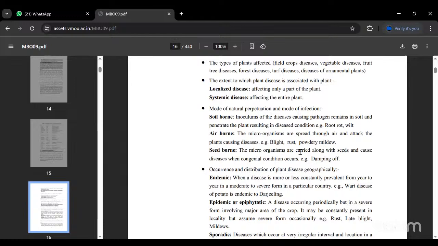And next one, occurrence and distribution of plant diseases. This one is the occurrence and distribution: endemic and epidemic.